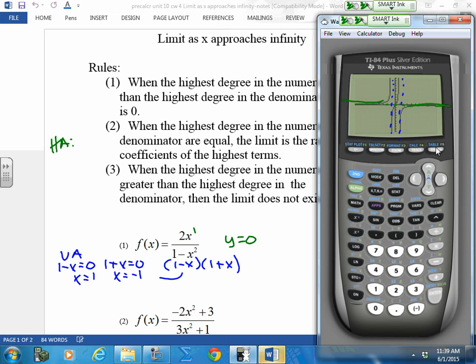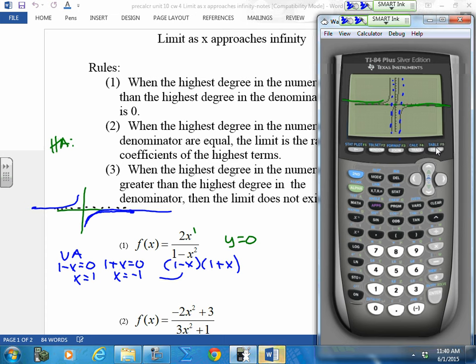It guides this line. Now, as we graph this, here's my horizontal asymptote right here, on that axis. My graph is going along this path. So as x approaches infinity, it will never, never, never hit y equals 0.